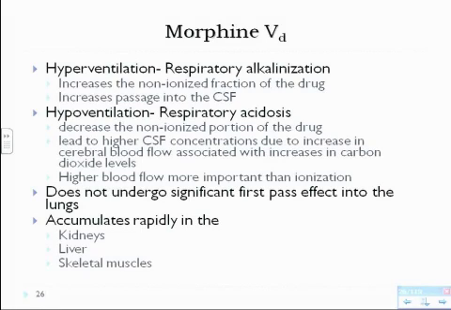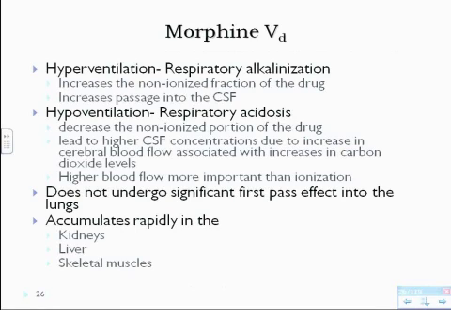Where you also see it is at the other extreme, when the person becomes hypoventilating and develops a respiratory acidosis. In this case, they're going to ionize the molecule more, right? So that should stop it. But when they're hypoventilating, they're becoming hypercarbic, and hypercarbia increases cerebral blood flow by tremendous amounts.